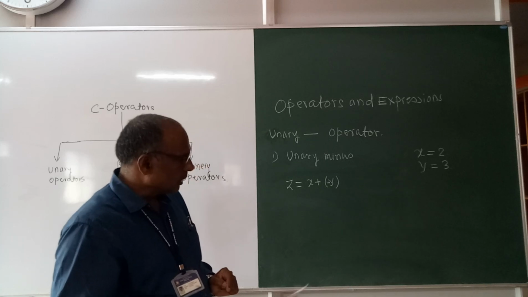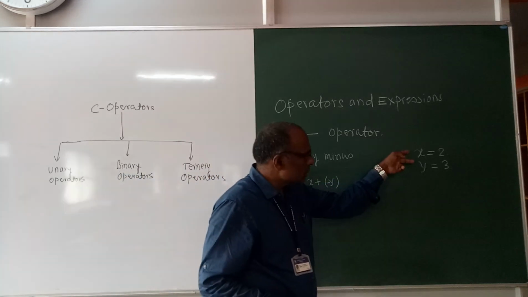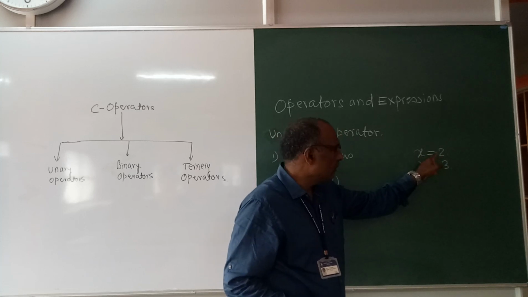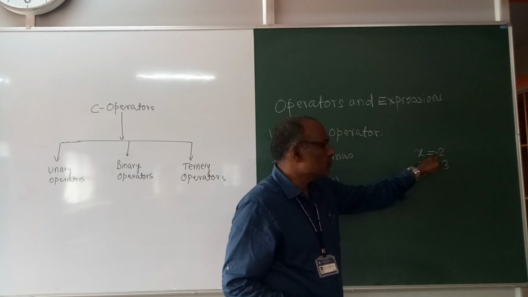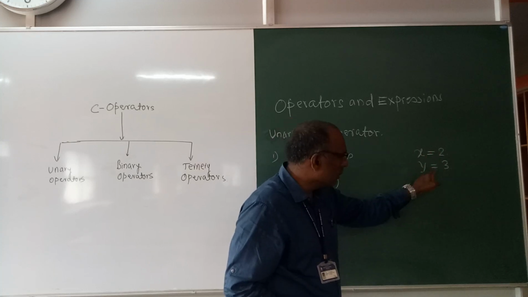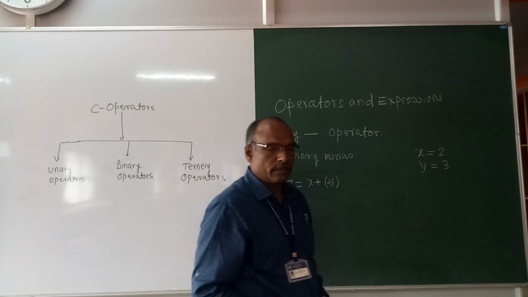By writing this, look, this is the situation. The value of x is 2; when we have not written a sign, it is plus 2. The value of y is plus 3.